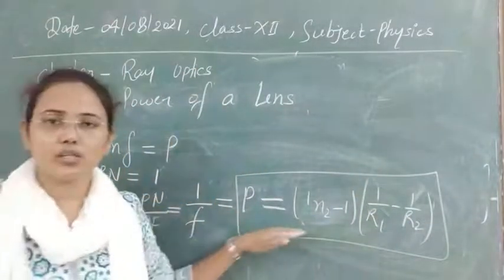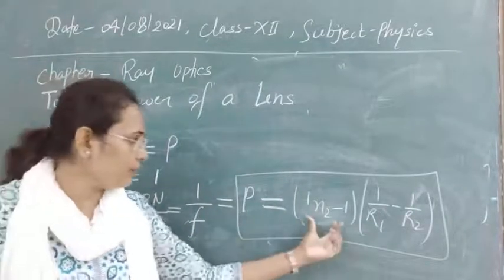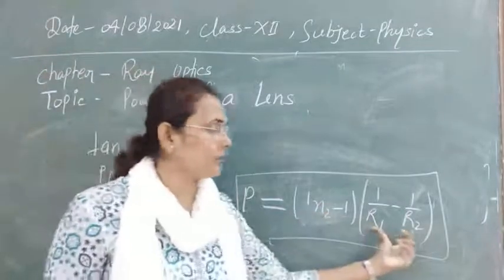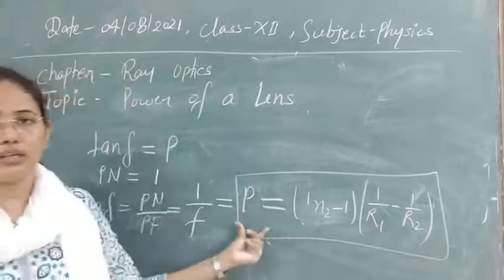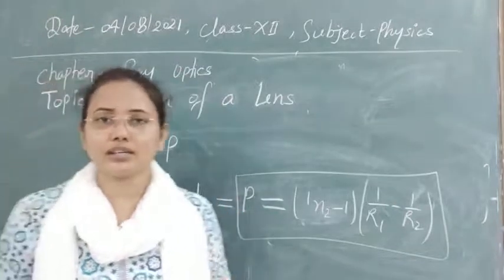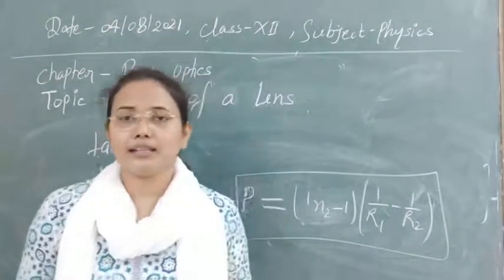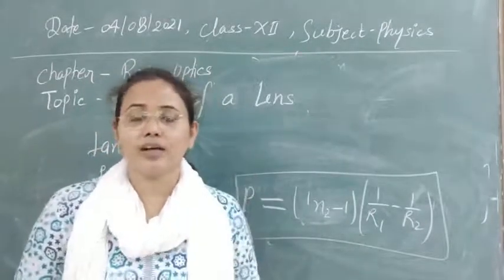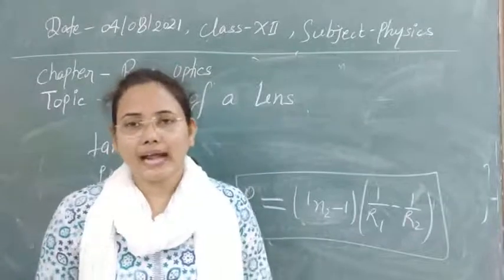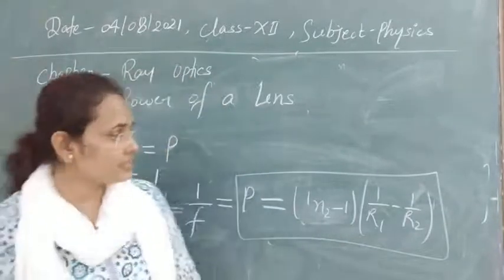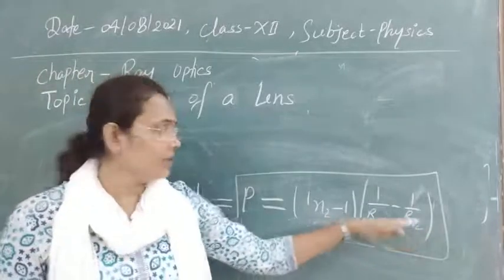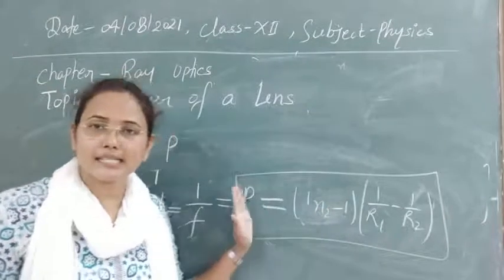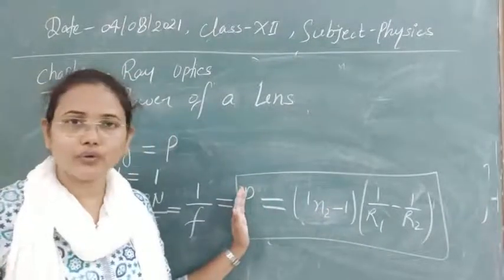So by using the lens maker formula you can also calculate power, if you know the refractive indices of the two different media and the radius of curvature. If you are constructing any lens, then whichever glasses or lenses you have to make, you can put in the necessary radius of curvature and the necessary medium, put in all the values, and see whether the power is according to your need or not.